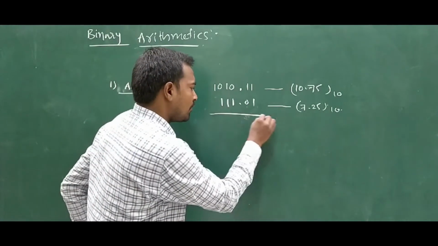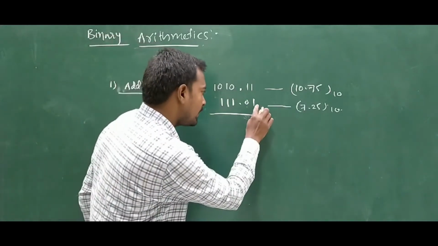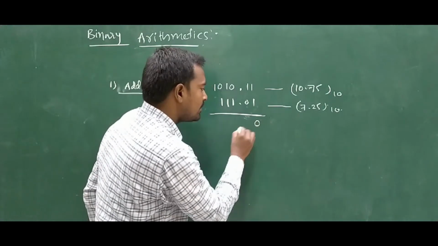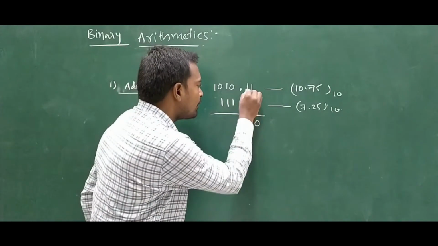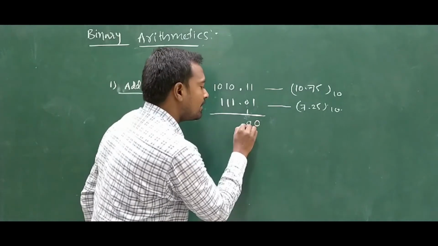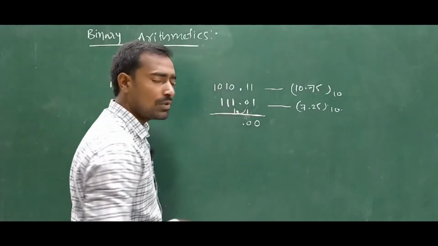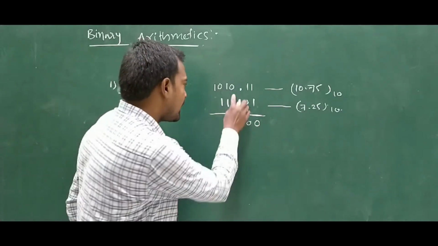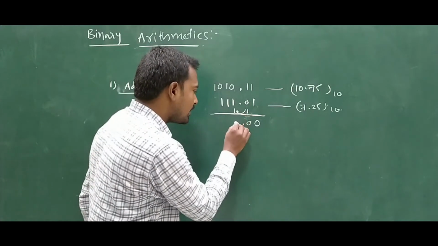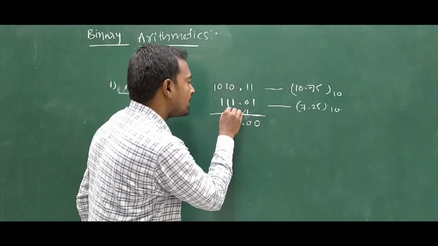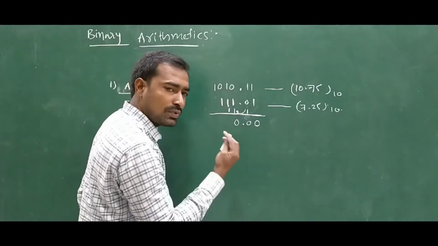When we perform the addition for the binary arithmetic operations, we get 1 plus 1 is equal to 0, and a carry is generated. Again 1 plus 1 is equal to 0, and this carry is carried forward to the next most significant bit. Then 0 plus 1 is equal to 1, 1 plus 1 is equal to 0 and the carry is forwarded, and 1 plus 1 is equal to 0 with a carry forwarded. Then 0 plus 1 is equal to 1, again 0 plus 1 is equal to 1, 1 plus 1 is equal to 0 with a carry, and 1 plus 1 is equal to 0 and carry.